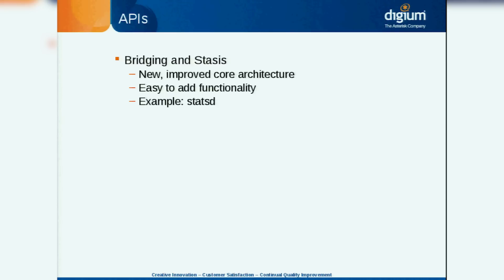It was just a proof of concept, but it exists completely as a separate resource module and publishes everything going on with every channel to a statsd server. He never had to touch a single line of code in channel.c or any of the channel drivers, but it knows exactly what's going on with all of the channels in Asterisk. That's the kind of power that this core gives us. It lets us integrate with additional systems without having to change the Asterisk core.